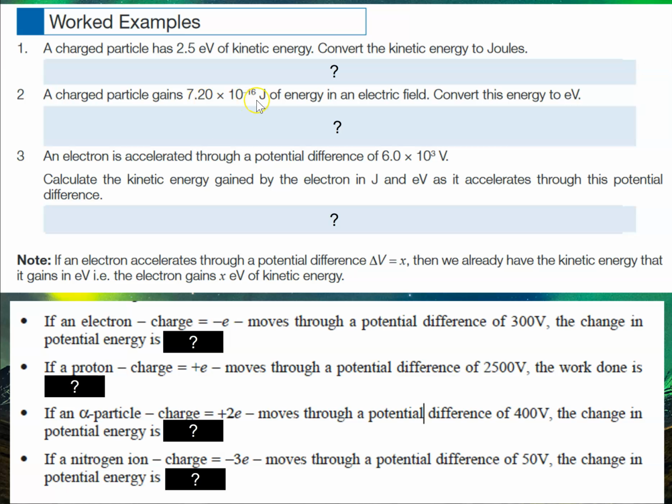Then if it gains 7.2 times 10 to the minus 16 joules of energy, convert this to electron volts. Then you're told to calculate the kinetic energy gained as it accelerates through the potential using joules and electron volts. And then the last case is just talking about calculating the charge or the change in potential of these objects. So pause it now, have a go at these questions, and then I'll show you the answers.